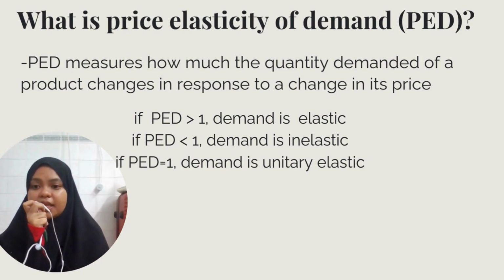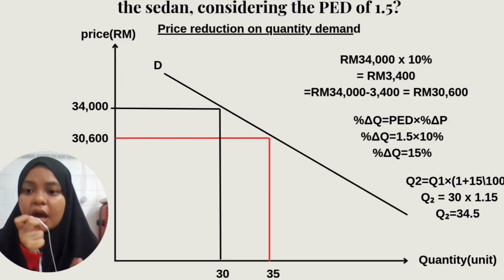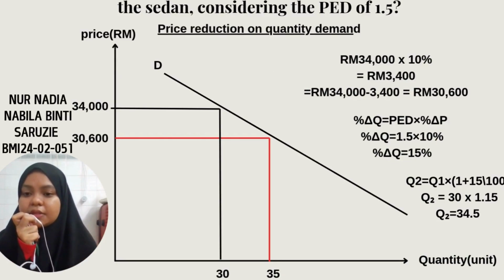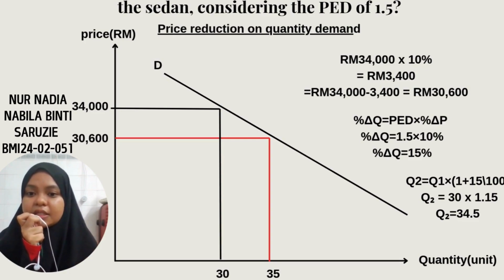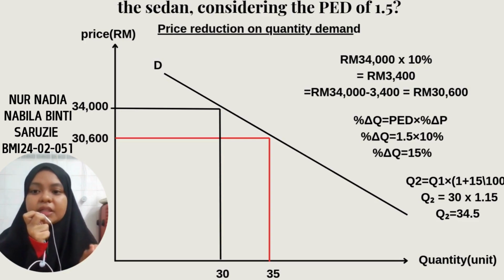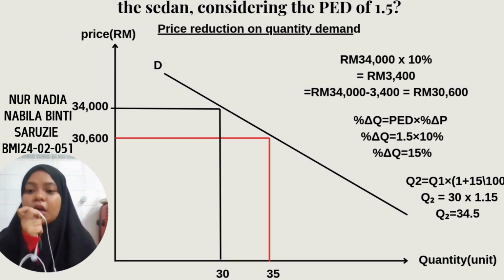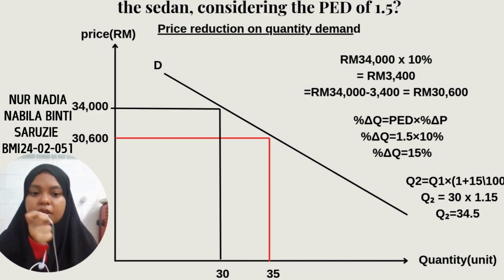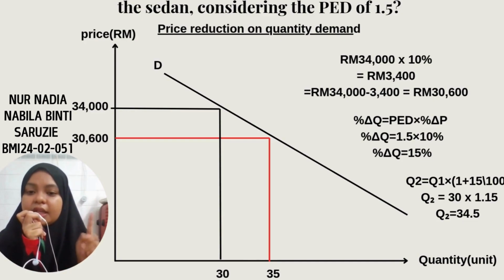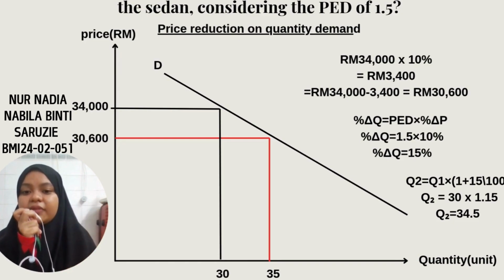So let's move to the next question, which is how will the 10% price reduction impact the demand for the sedan, considering the PED of 1.5. So look at this graph. The first step is to calculate the new price, assuming the price is 35,000.